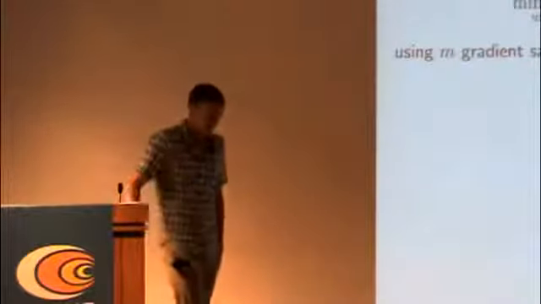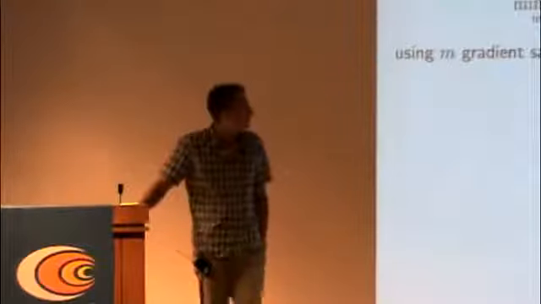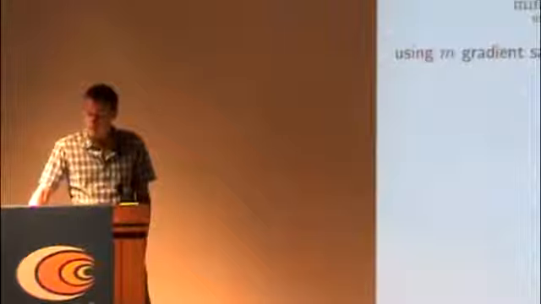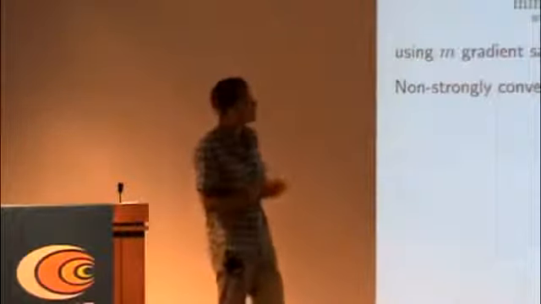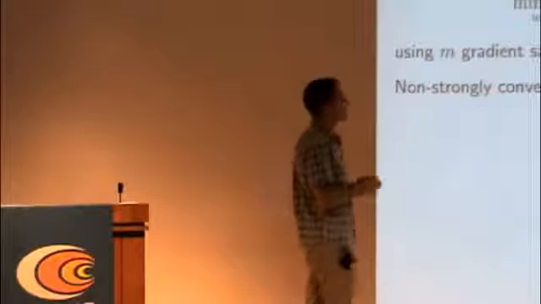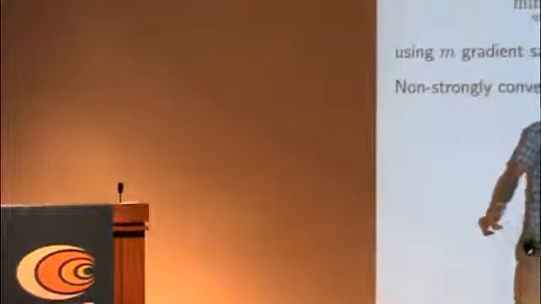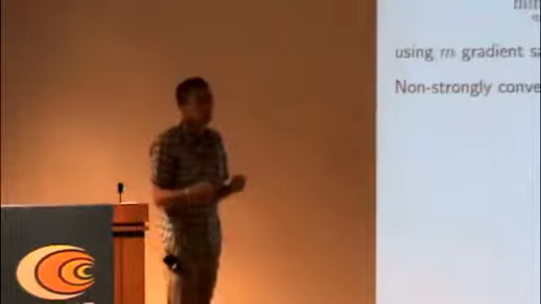And the nice thing is that after a little work, you can actually show that this does the right thing. So the theoretical results we get are, if we're using m gradient samples, m amounts of parallel computation to compute our gradients, for non-strongly convex objectives, we get a convergence rate which is 1 on t plus 1 on square root t times m. So every additional sample, we get a linear improvement in our convergence rate.